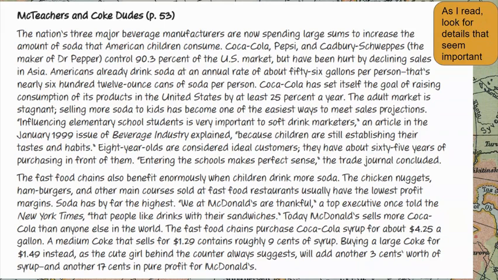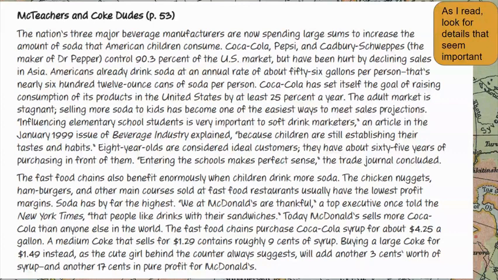Today, McDonald's sells more Coca-Cola than anyone else in the world. The fast food chains purchase Coca-Cola syrup for about $4.25 a gallon. A medium Coke that sells for $1.29 contains roughly 9 cents of syrup. Buying a large Coke for $1.49 instead, as the cute girl behind the counter always suggests, will add another 3 cents worth of syrup and another 17 cents in pure profit for McDonald's.